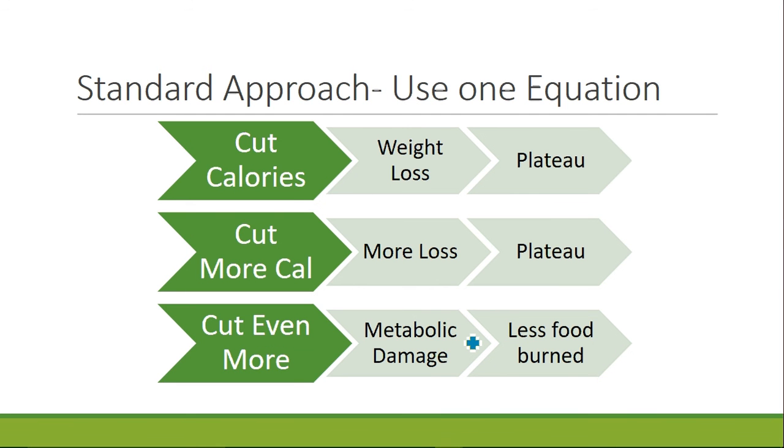Now what happens is I start eating normal food, which is 1700 or 1800 calories. And you think your body is adapted to this amount of calories, that is 1700 calories. But my friends, you are not. You are actually now adapted to 1200 calories.